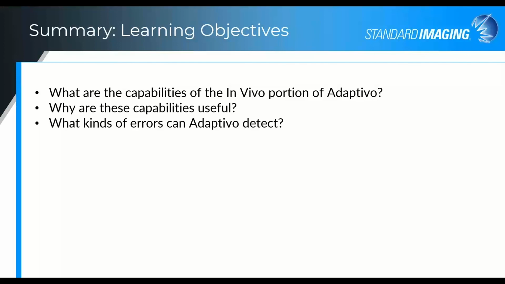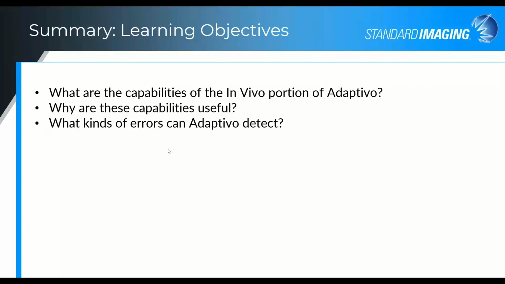It prompts discussion between the physicist and the physician about potential tumor regression and when to replan. And overall, these interactions promote more accurate delivery of dose to the patient. In the lung case, it allowed sparing of surrounding healthy tissue and a higher boost to the tumor.